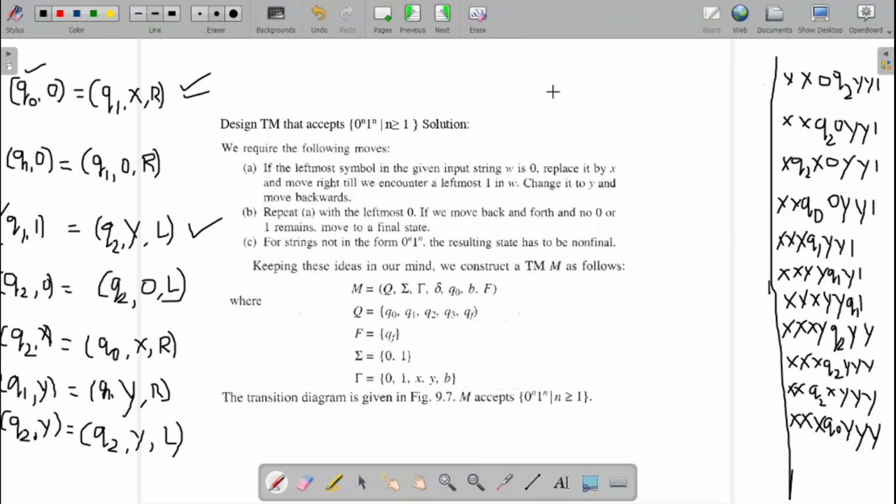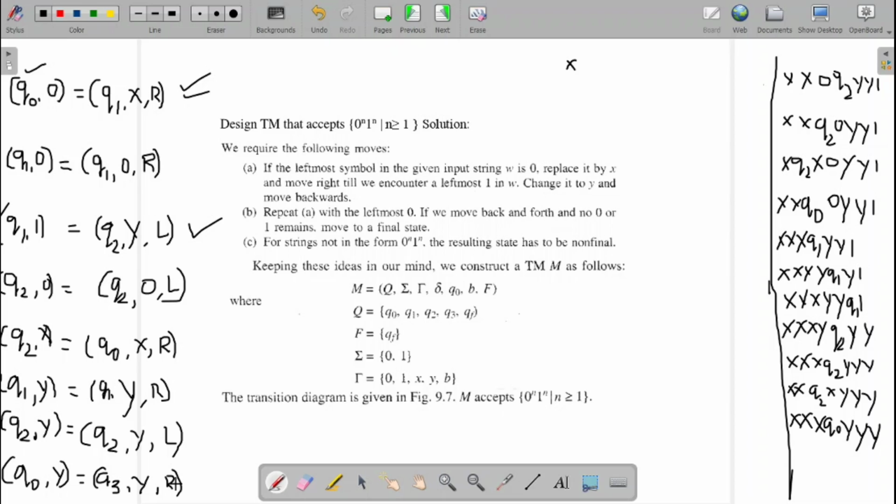So how to check it? We will change the state over here. Q0, Q1 and Q2 are used already. Now let us change the state to Q3. Q0 on Y, I will change the state to Q3, Y as it is, and I need to have the right movement so that I will search if any ones are left out.